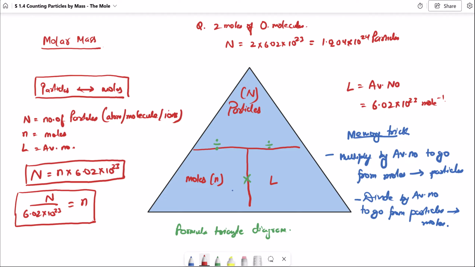What we have understood is that if you want to calculate particles, that means moles into Avogadro number. If you want to find moles, it's particles divided by Avogadro number. That's it. Done.